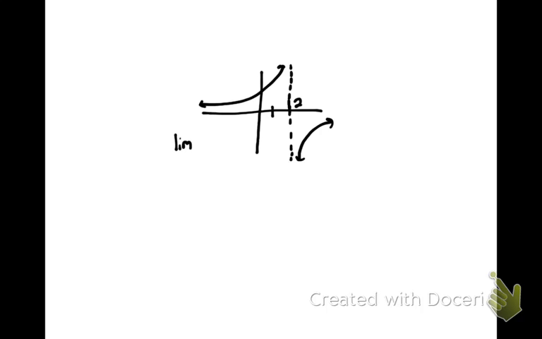The limit of this function, as x approaches 2 from the left, is positive infinity. And some would say it does not exist. I'll talk about the difference in a moment. I say positive infinity, and the reason is because as the x values get closer and closer to 2, the y values are increasing without bound.